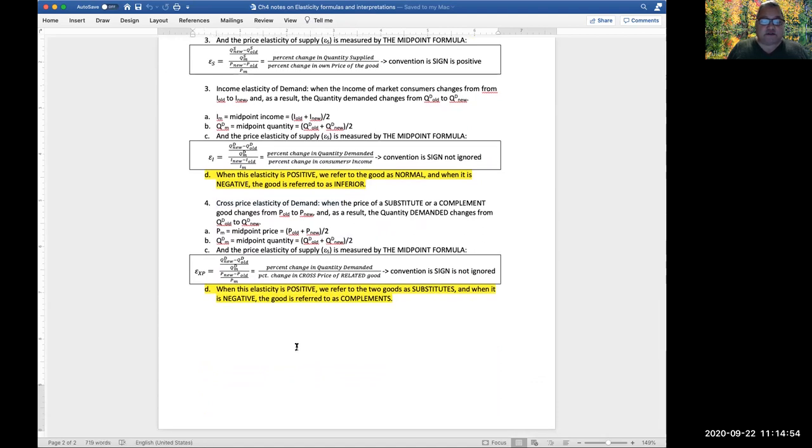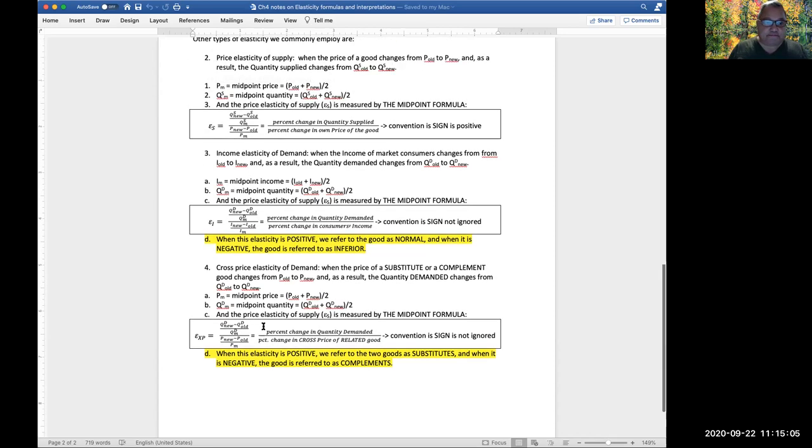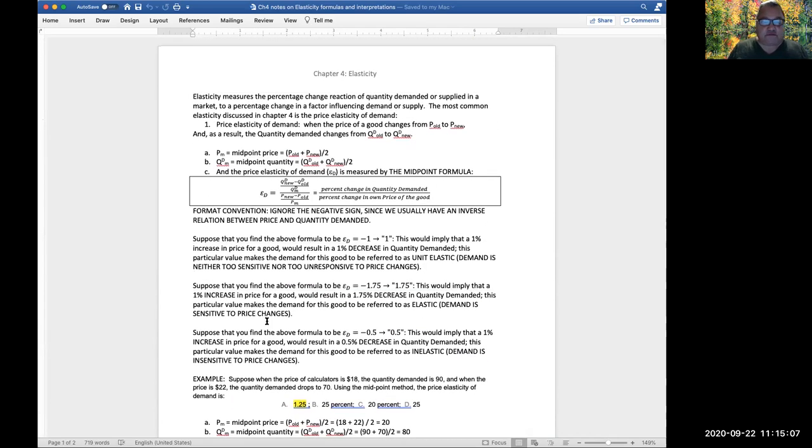The notes do not include a definition in this level of detail for the factor price elasticity of supply. However, you can see from the four definitions in the notes a pattern as to what elasticity measures. I think in the simplest form, elasticity measures how the quantity demanded or supplied of a good changes in reaction to a percentage change in a factor that influences demand or supply.